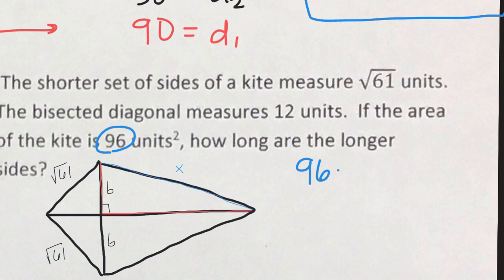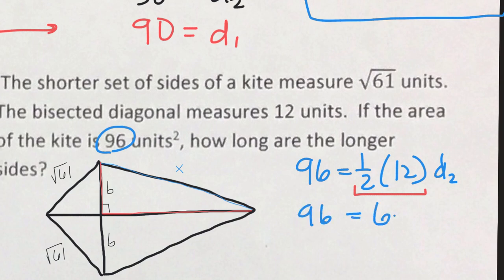So 96 equals half of 12 times that second diagonal. What is half of 12? Sure, that's 6. So if I divide both sides by 6, I have a second diagonal of 16.